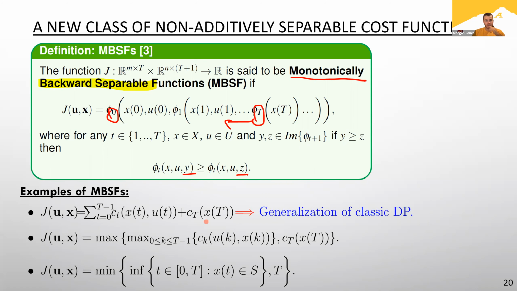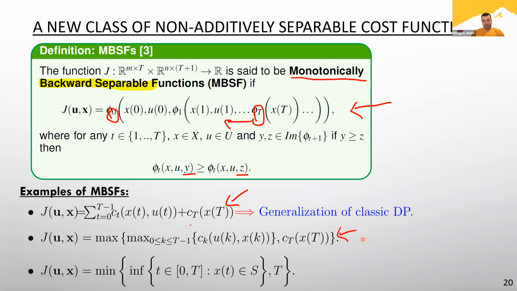So examples of functions that are monotonically backward separable, you can show that the classical additively separable functions are, which implies this generalizes the classical dynamic programming theory if you can solve multi-stage optimization problems with this type of objective function. Also, point-wise maximum costs.